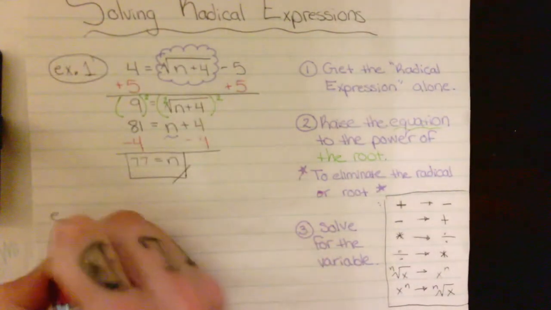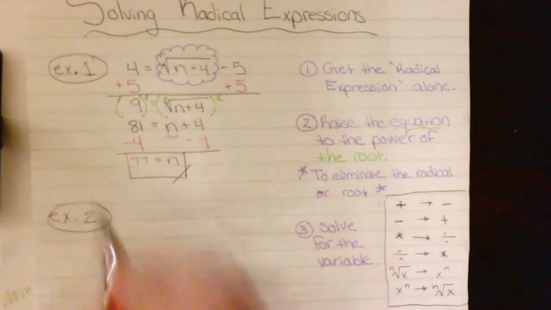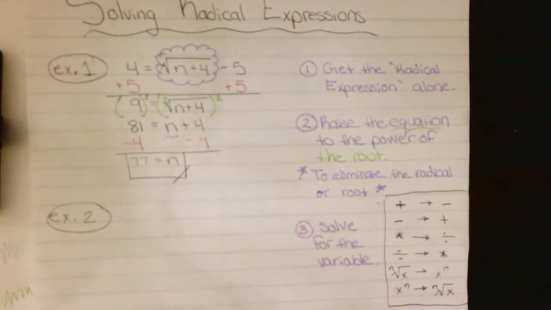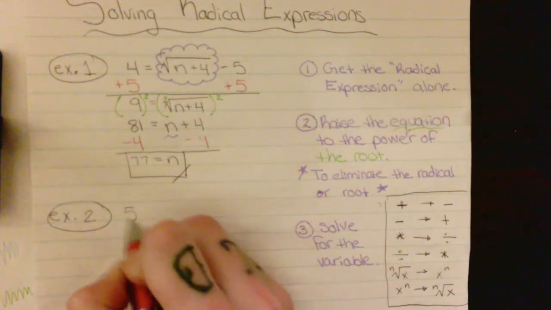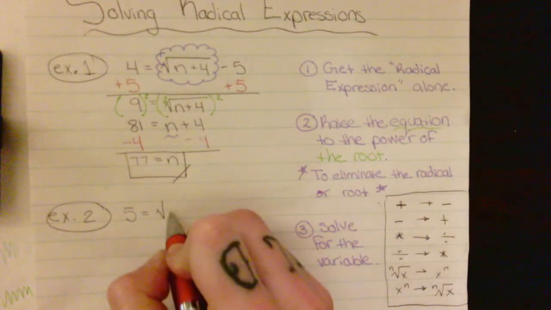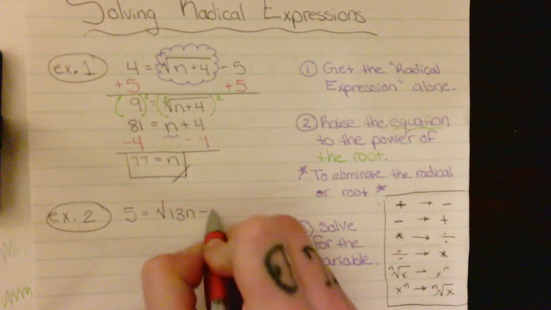Let's do example 2. Okay, so let's do one where 5 equals the square root of 13n minus 1.